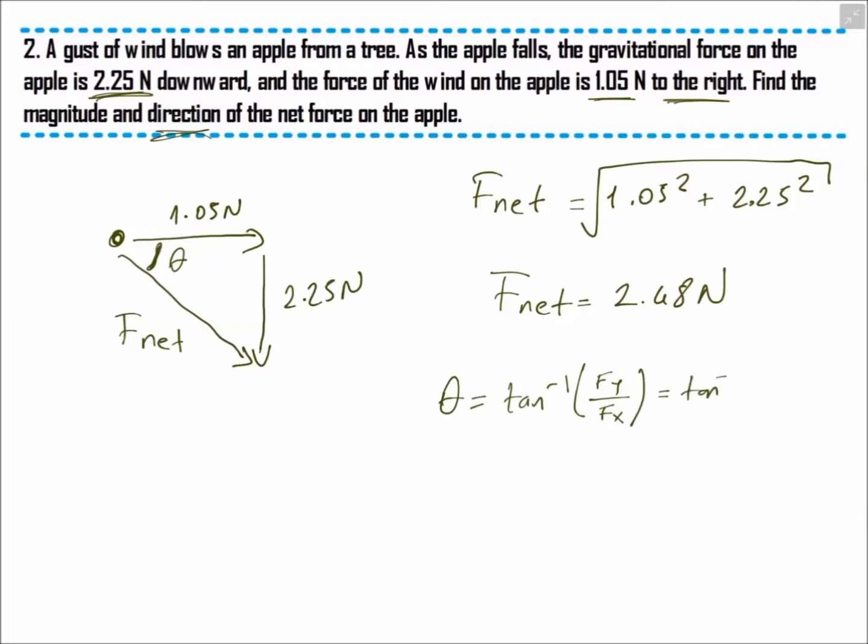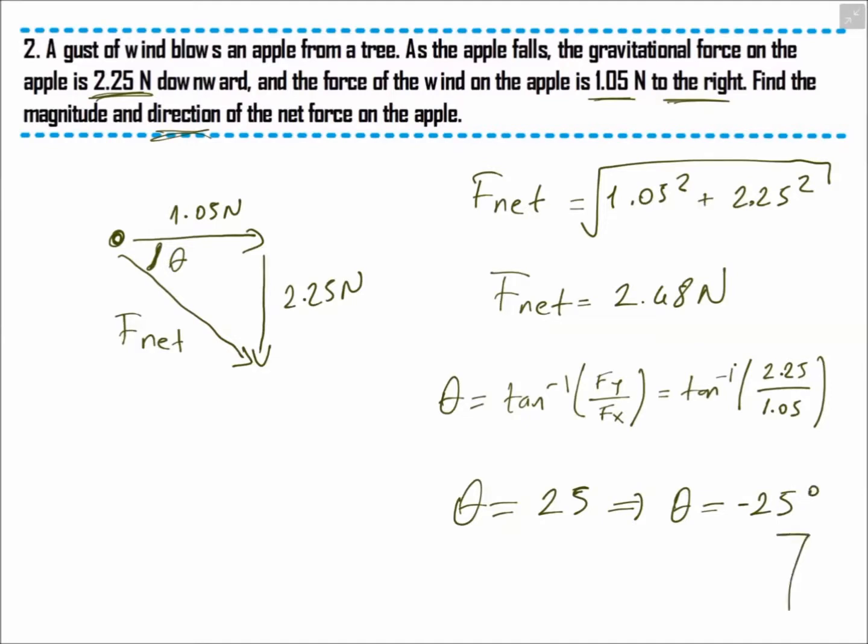So tangent inverse, Fy is 2.25, Fx is 1.05, and the theta will be 65 degrees, but it's actually in the fourth quadrant, so it must be with the negative sign. So the theta will be negative 65 degrees.